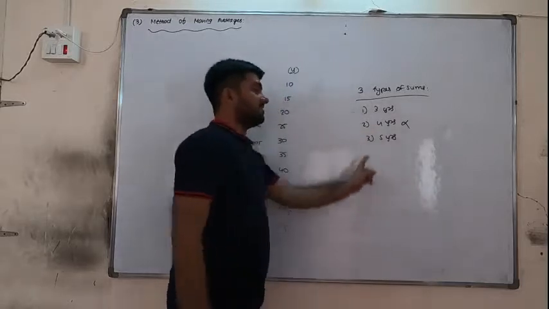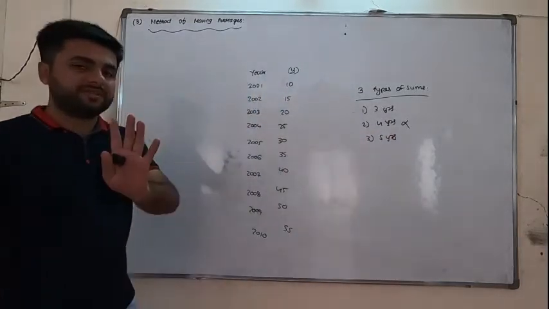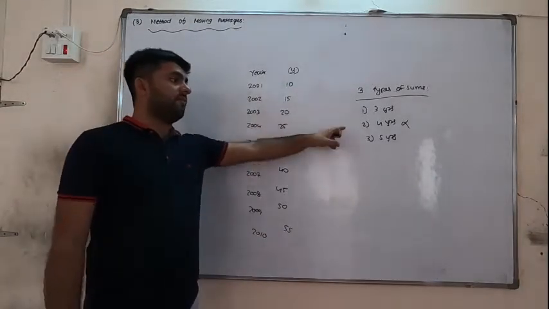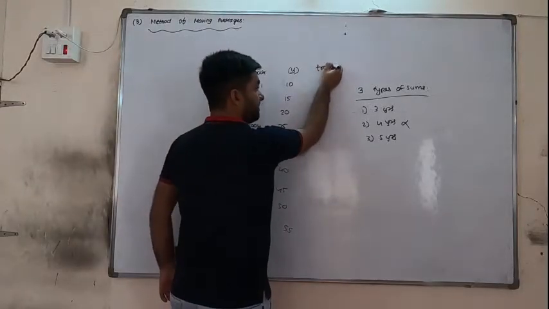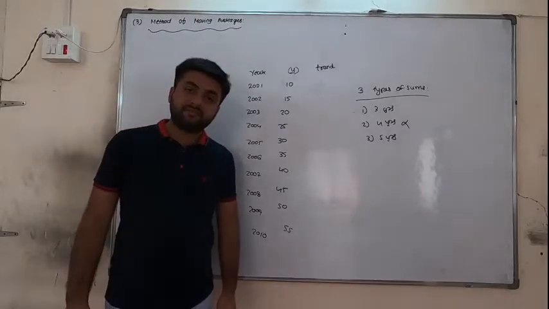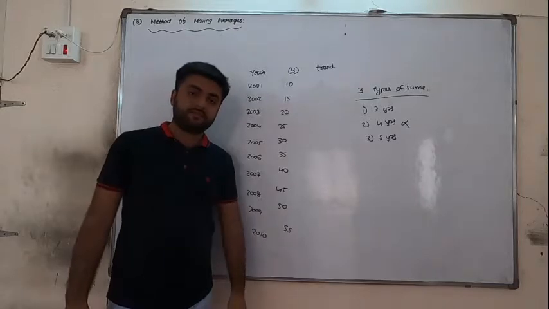But this time this method is not included in our syllabus. But still I will teach you in simple words. You have to take the averages of 3, 3 or 4, 4 or 5, 5, and then find the trend by using 3 yearly, 4 yearly or 5 yearly.